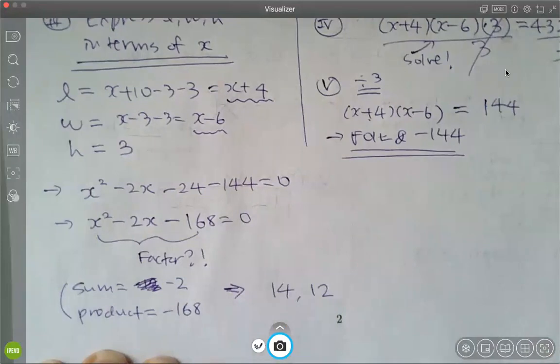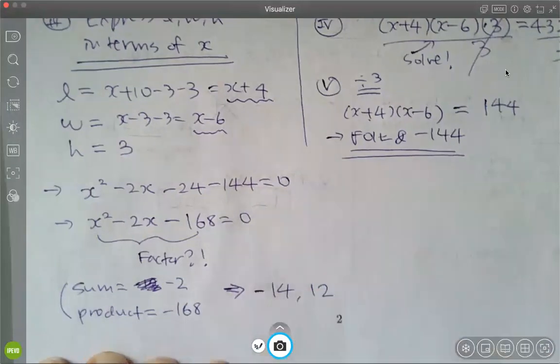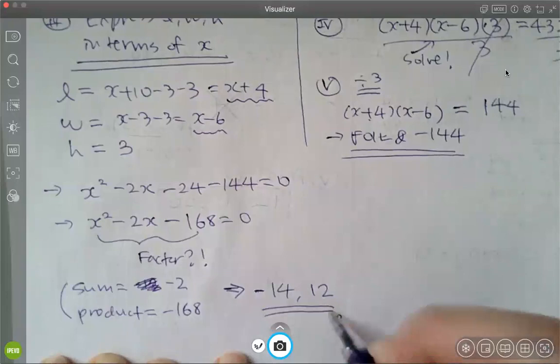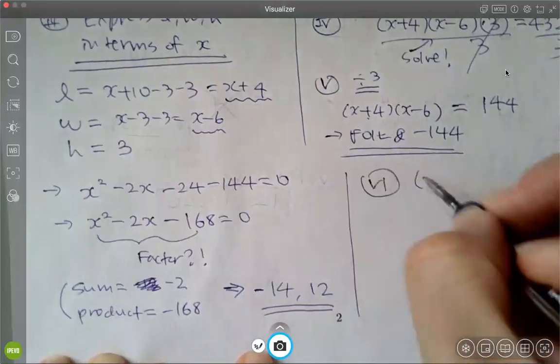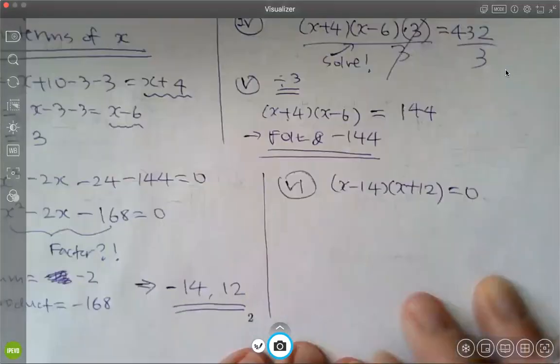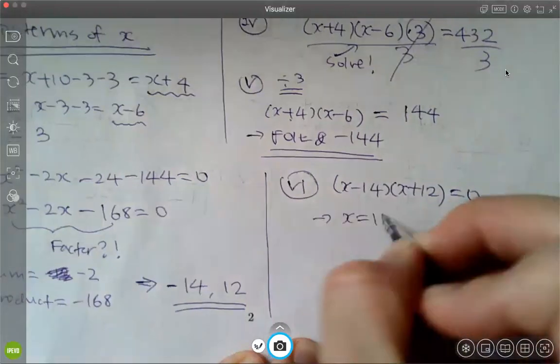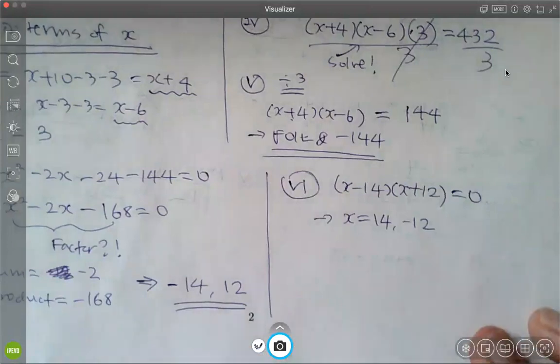It would be negative 14 and 12. So we have x minus 14 and x plus 12 equals 0. So x is equal to 14 and negative 12, yes. Now, are we done, or does one of them not work?